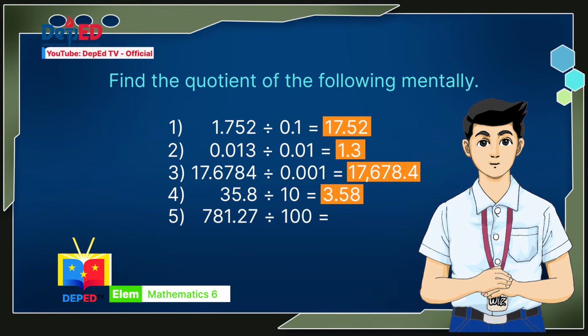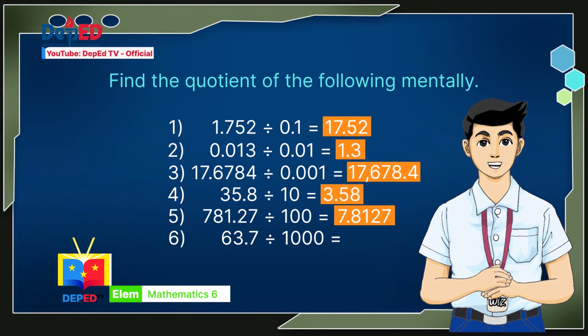Number 5, 781 and 27 hundredths divided by 100 equals 7 and 8,127 ten-thousandths. And for number 6, 63 and 7/10 divided by 1,000 equals 637 ten-thousandths.